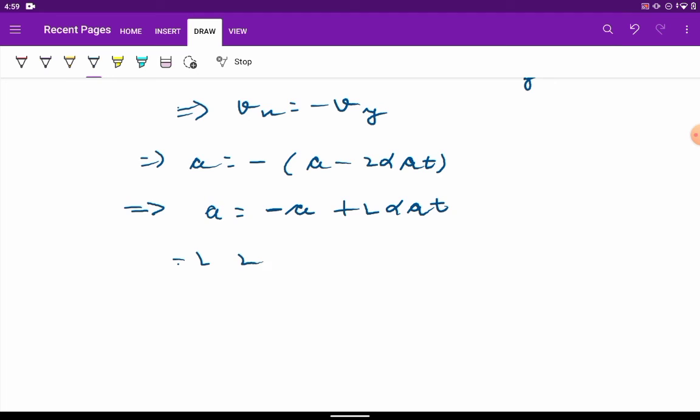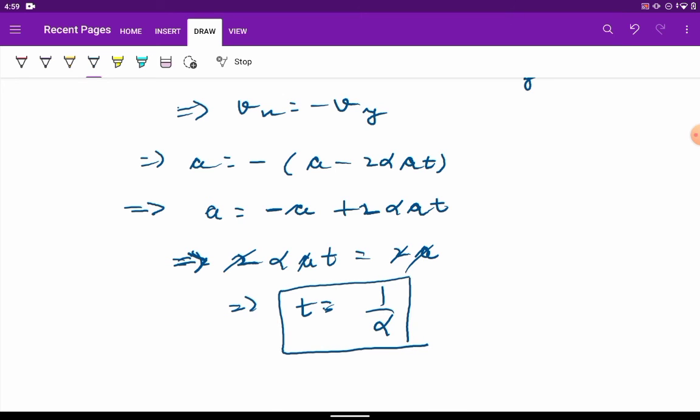This means 2 alpha a t is equal to 2a. So a cancels out, 2 cancels out, and the time at which the angle between the acceleration and the velocity vector is pi by 4 is 1 by alpha.